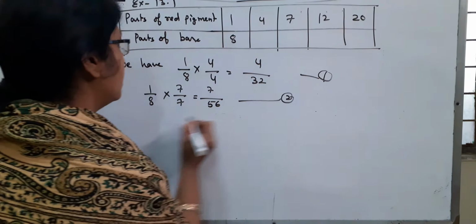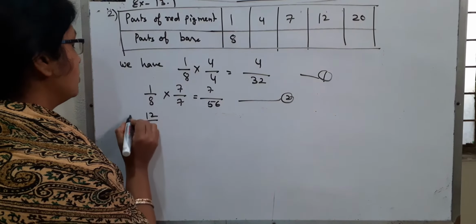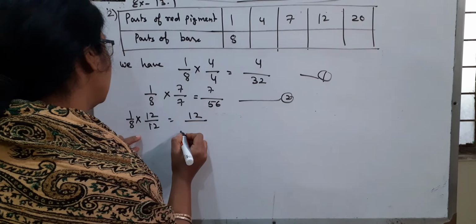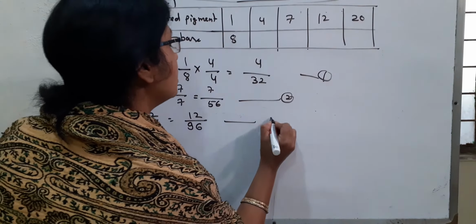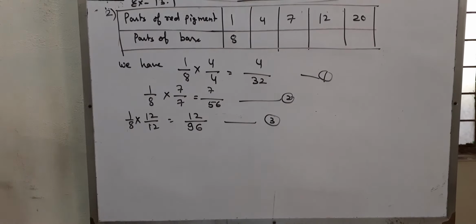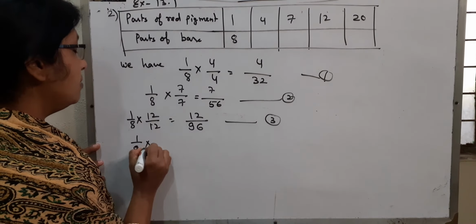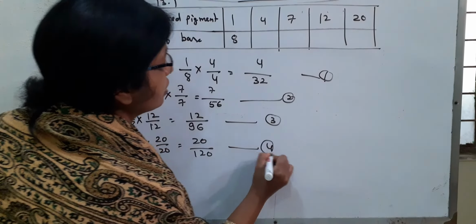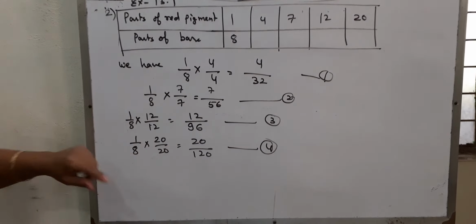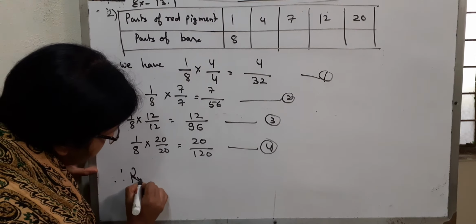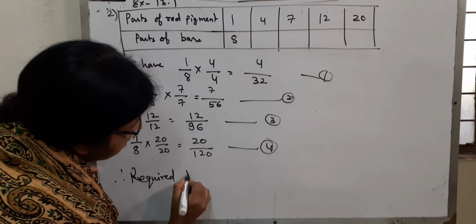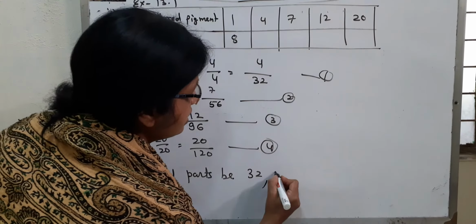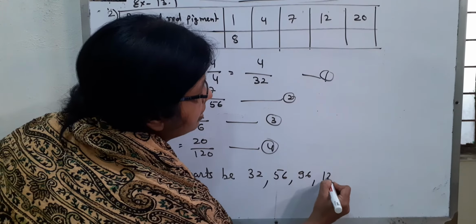This is second. 1 by 8 multiplied by 12 by 12, we get 12 by 96, third. And fourth, 1 by 8 multiplied by 20 by 20, we get 20 by 160. So the required parts are 32, 56, 96 and 120.